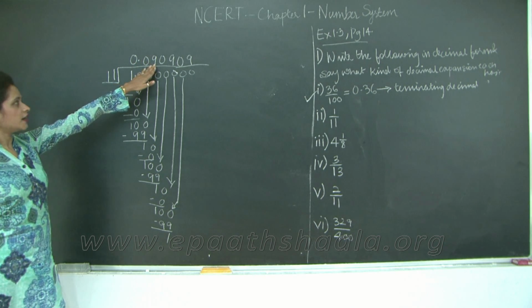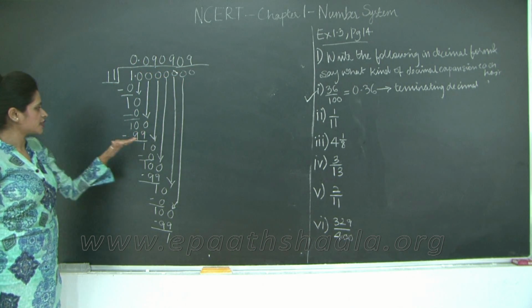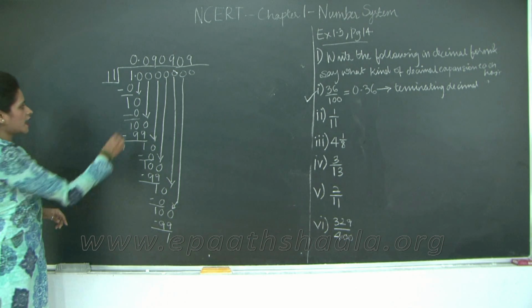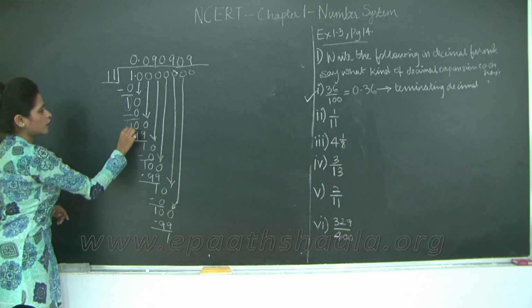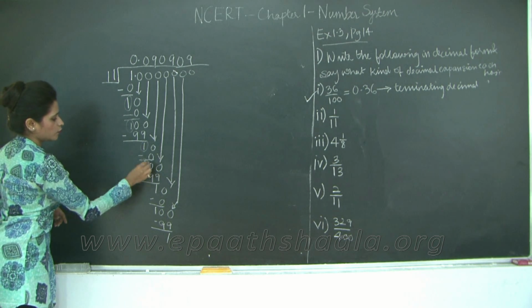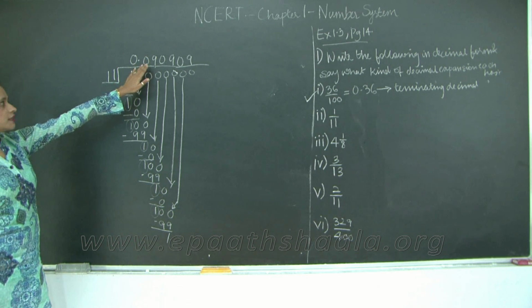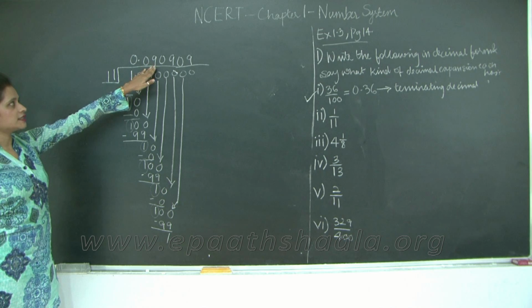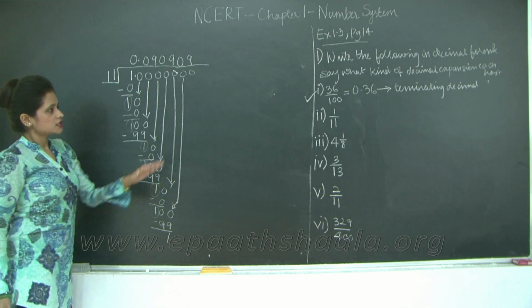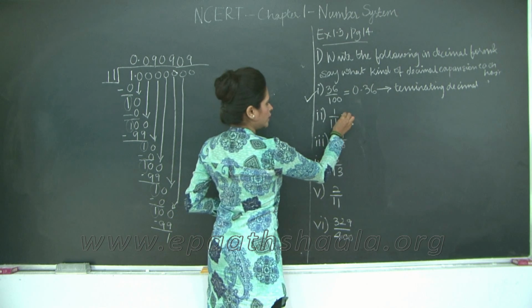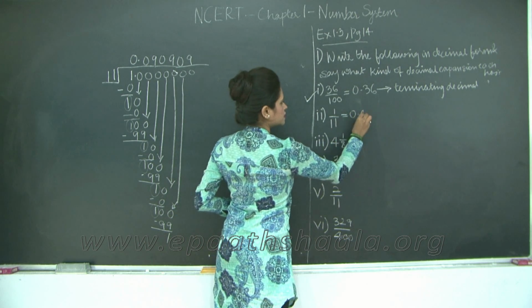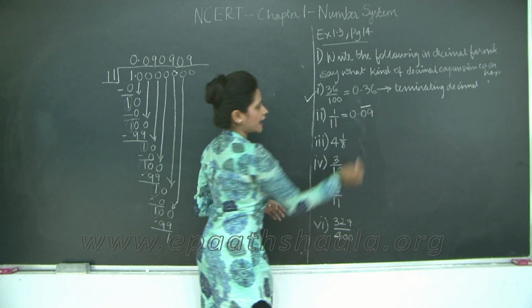Do you see a repetitive pattern here in the quotient as well as in the remainders? I have a 1 here, then 1, then 1, then 1, 1, 1. So the quotient is 0.090909. So I can write 1 upon 11 as 0.09 with a bar on 09. Why a bar?